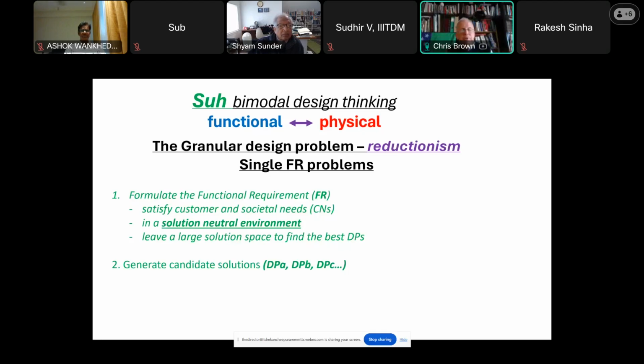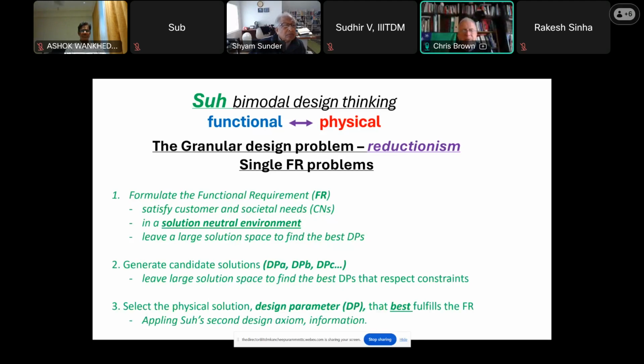So the next step is we'll generate candidate solutions out of our solution space. These are the things that can fulfill the functional requirement. So we're looking for the DPs that are going to best fulfill the functional requirements. We look at constraints, things like regulations or physical laws.